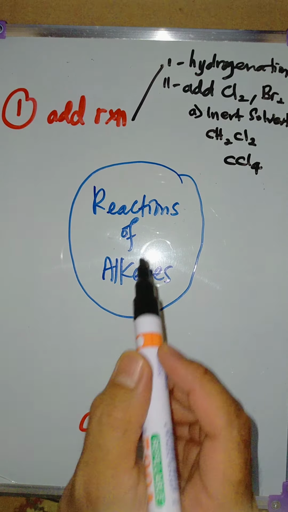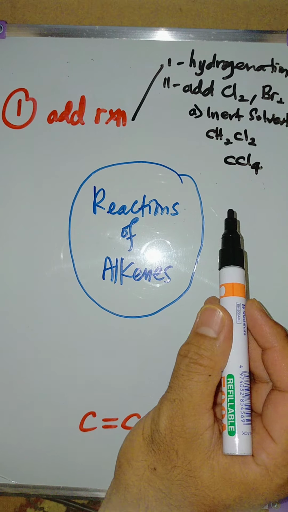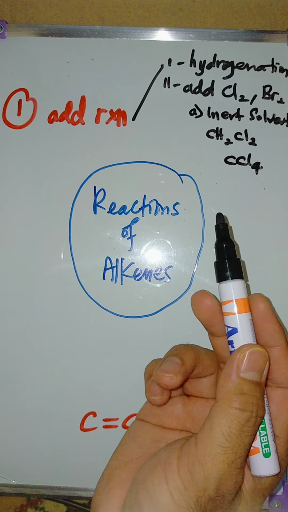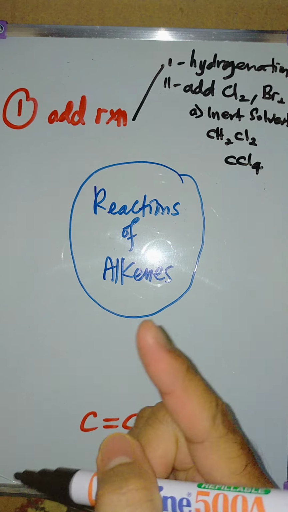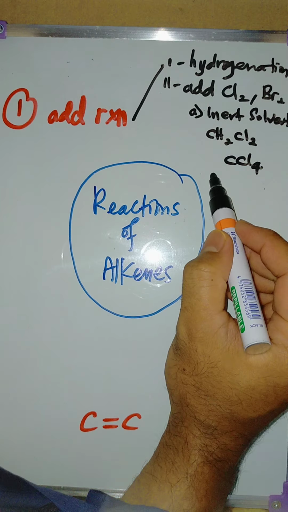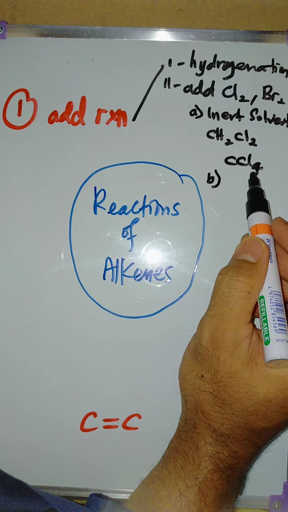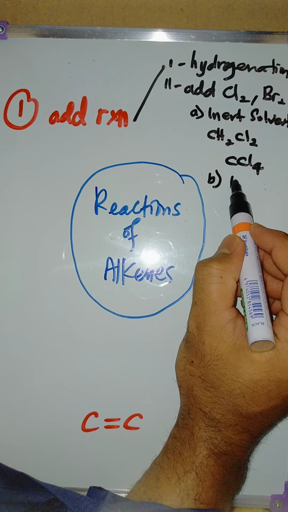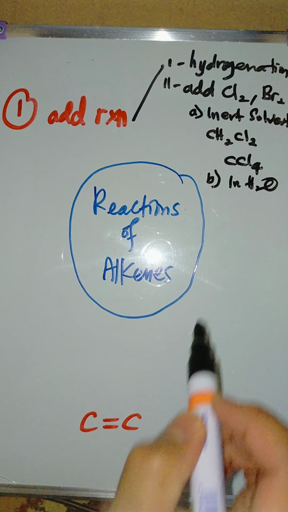Right. So for the addition of halogen, for example, chlorine gas and bromine gas in inert solvent. First one is in inert solvent, the second one in water, in H2O.